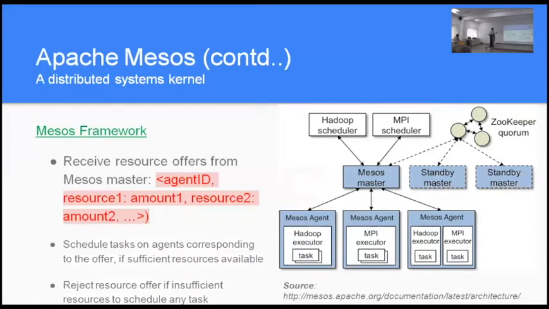So where is the research here? Well, the research here is that you have different clusters, you have different applications, and you negotiate with the master. The master is going to say, I'm going to give you so much, and you say, yes, I'll accept it, or no, I would not accept it. So there's a negotiation going on as to how many resources you need.